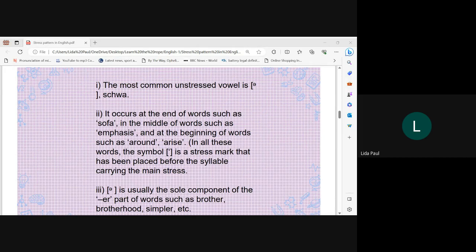So obviously, when you have more than one syllable, it is a matter of confusion which one is going to take the stress. But in case you have schwa in one of the syllables, then you have gotten lucky, because definitely that particular syllable will not take the stress. So in teacher, what is the syllable that is stressed? Which one do you think is stressed in teacher?